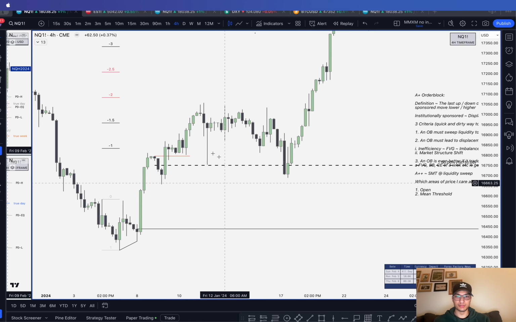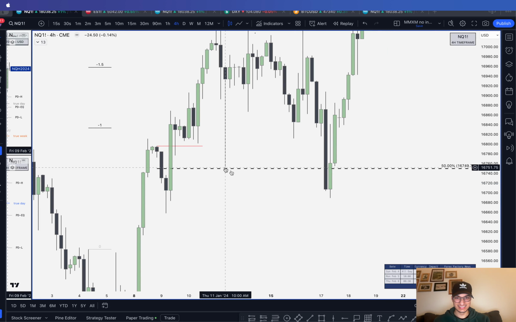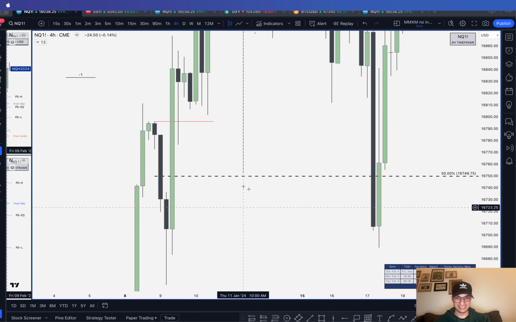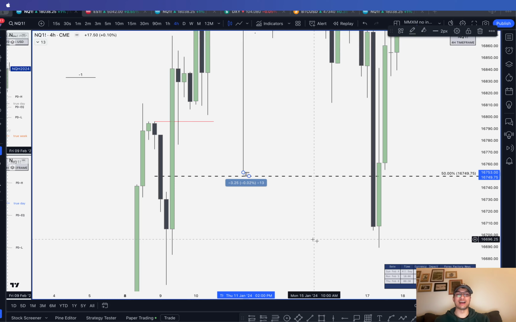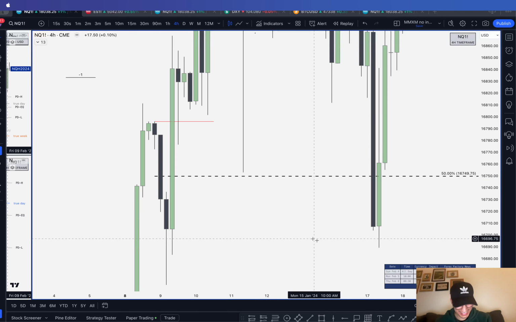What do you see about that? Well, look at that. If I use the bodies only. That must be random, eh? What's that off by? 1 point? On a 4-hour chart, guys, this is off by 3 points on a 4-hour chart. But there is no algorithm, by the way.